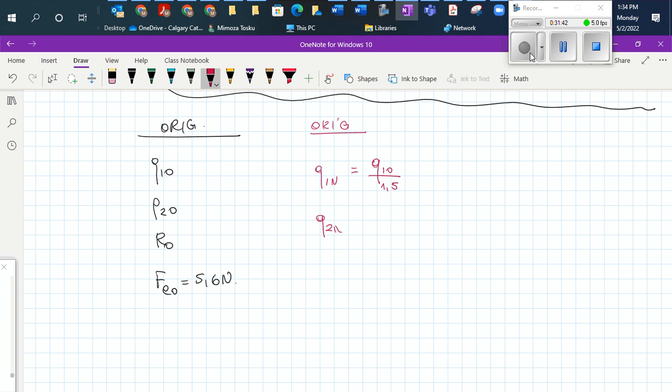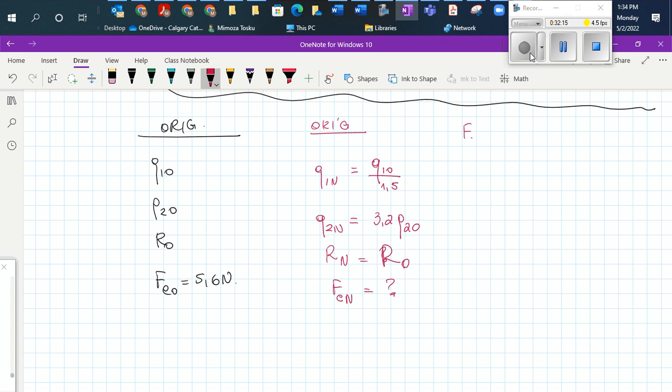And charge 2 new is an increase by a factor of, let's say, 3.2 in relation to the original charge 2, and the distance is not changing, and we are looking for the new electrostatic force.